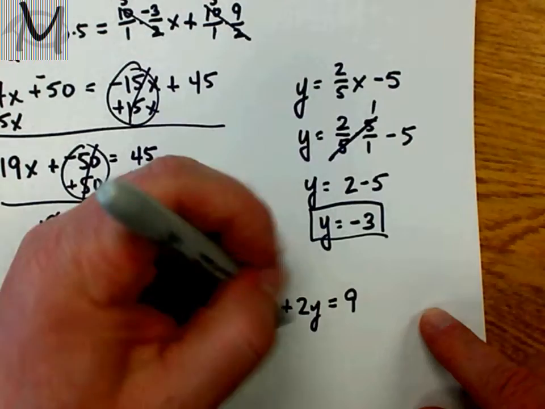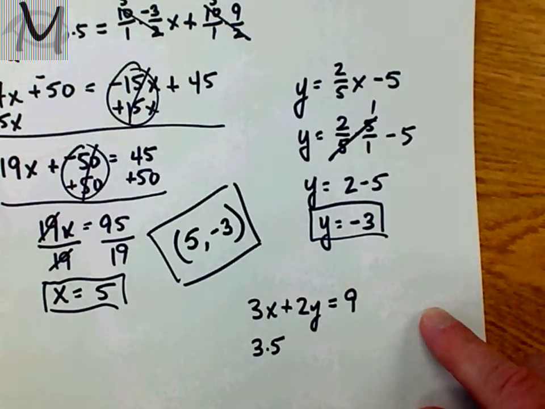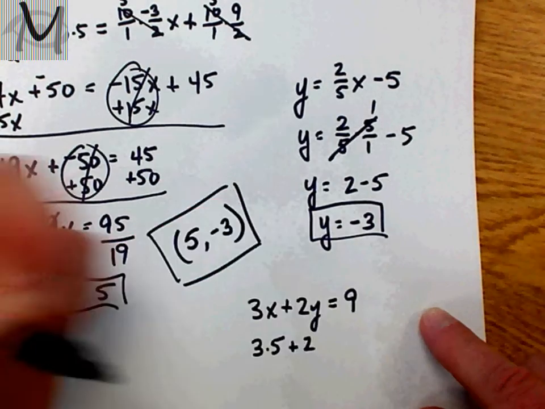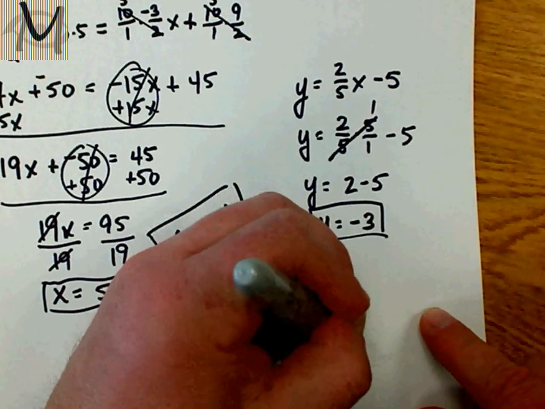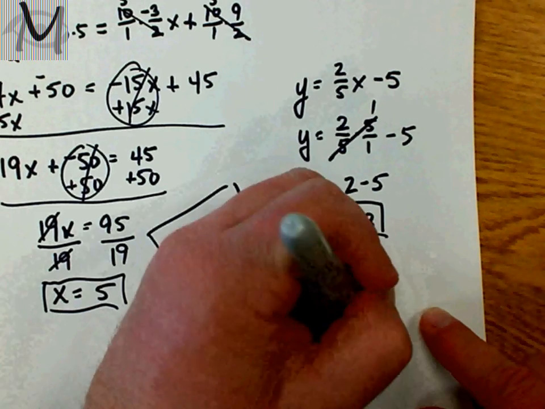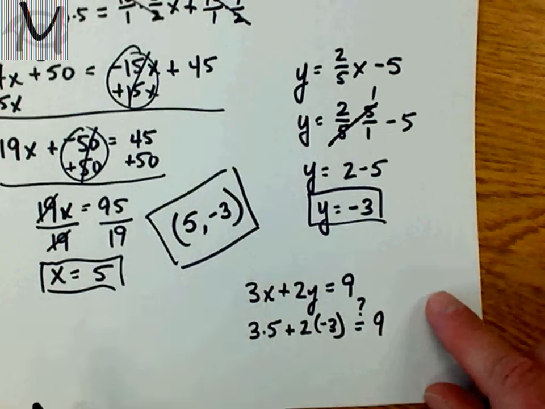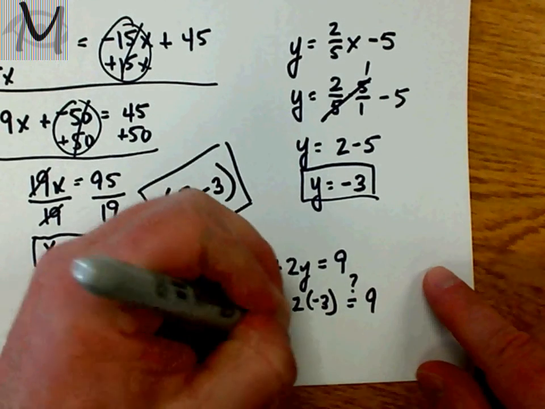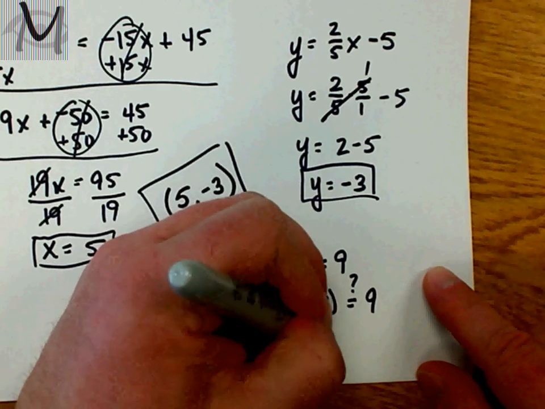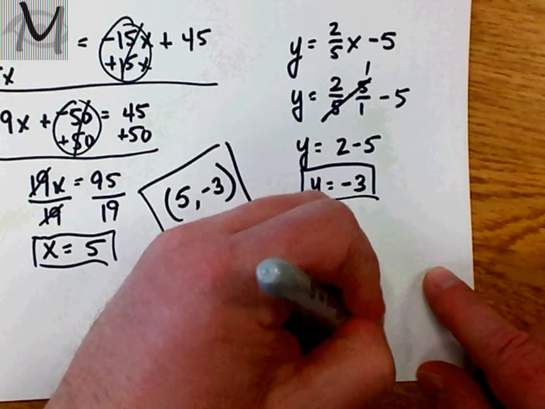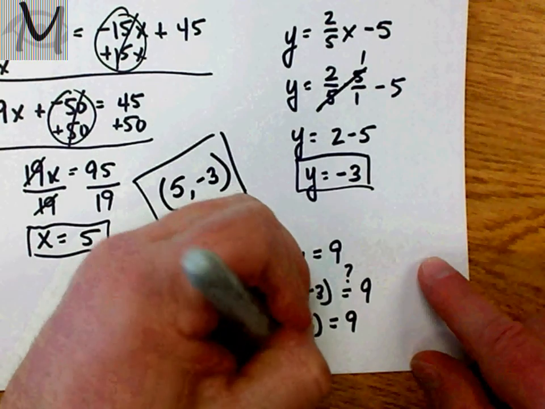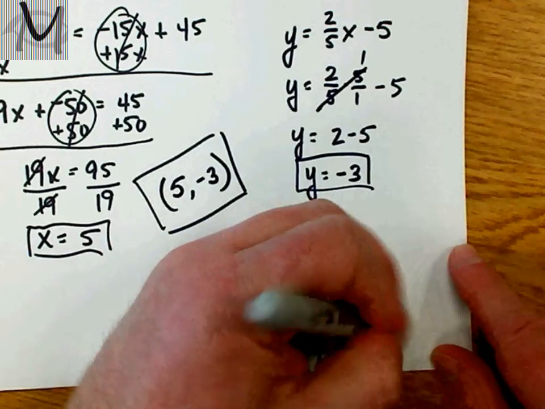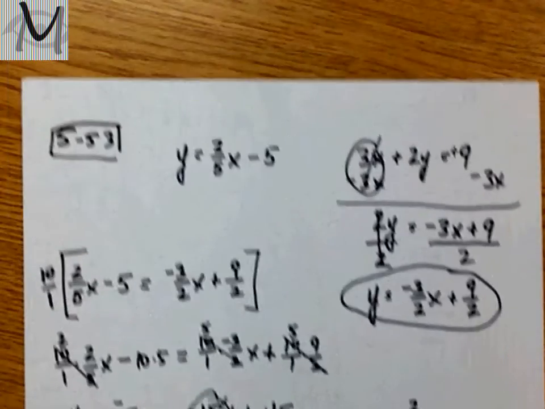So 3 times 5 plus 2 times -3, does that equal 9? So 15 plus -6, does that equal 9? Yes, it does. 9 equals 9, so it checks. That is 53.